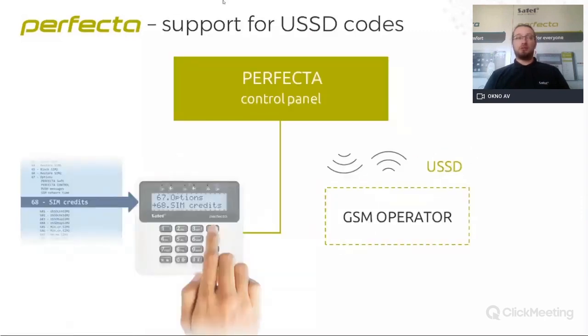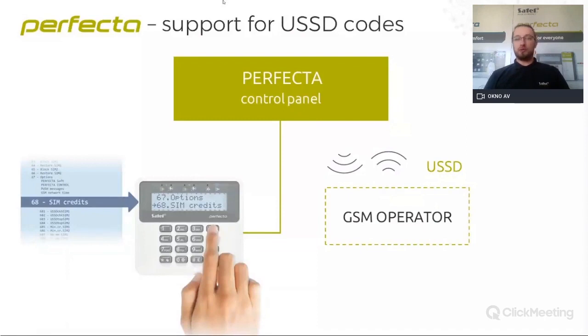In addition to our panel, we are supporting USSD codes. This is most common if you are using prepaid cards in your country, so you need to control the amount of credit on the card.